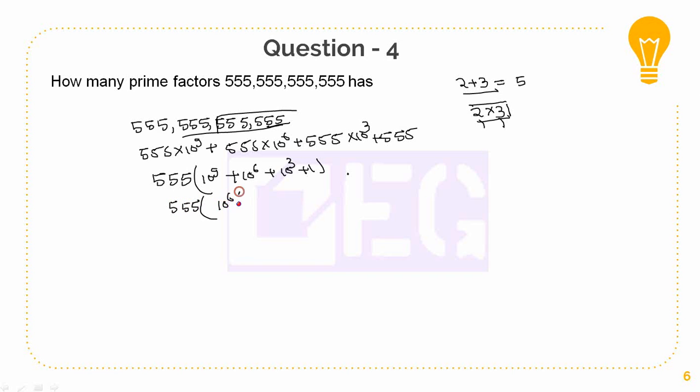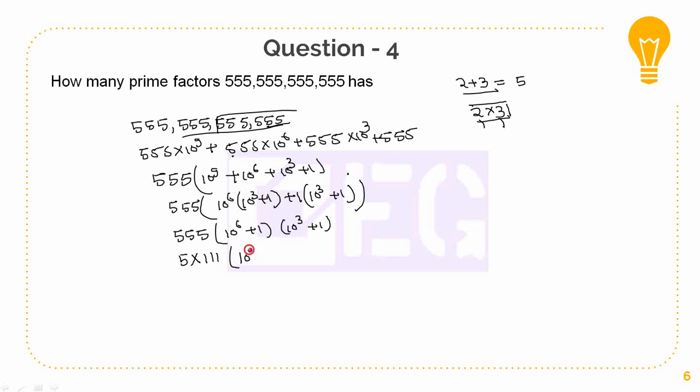You can take 10 to the power 6 as common. This will be 10 to the power 3 plus 1, plus 1, 10 to the power 3 plus 1. So this will be 555 into 10 to the power 6 plus 1 into 10 to the power 3 plus 1. Now you can break 555 as 5 into 111. 10 to the power 6 is nothing but 10 square whole cube, plus 1 whole cube, into 10 cube plus 1.